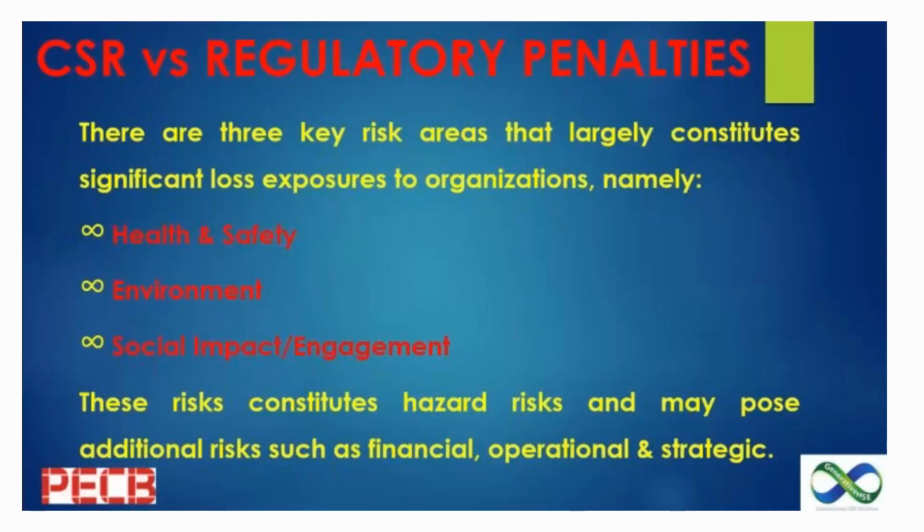Those also speak to the social engagement and social impact that the operation has on the public at large. These risks, being hazard risks, may pose additional risks such as financial, operational risks, and strategic risks, being the model for enterprise risk management.